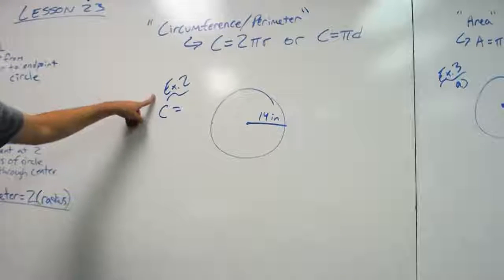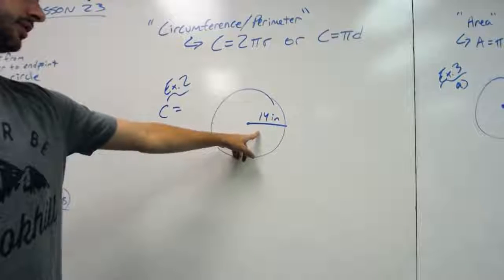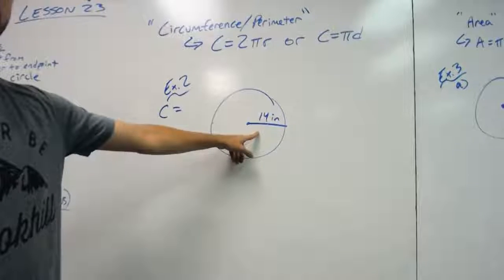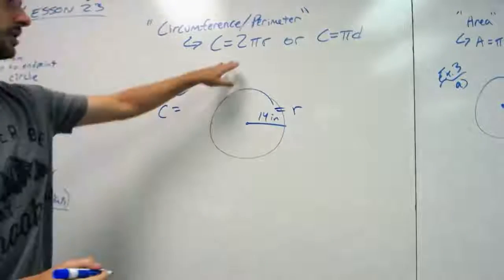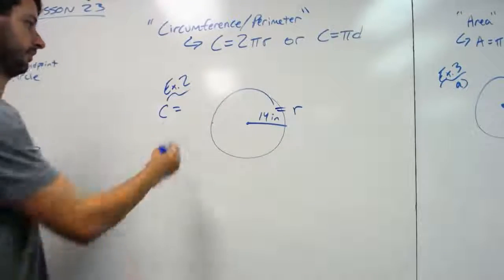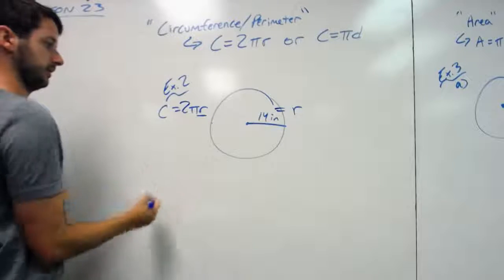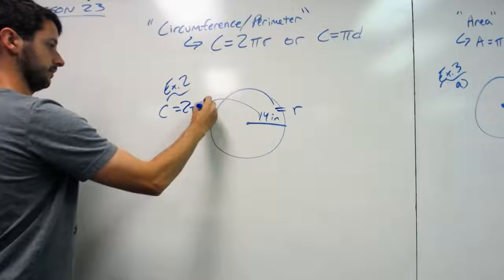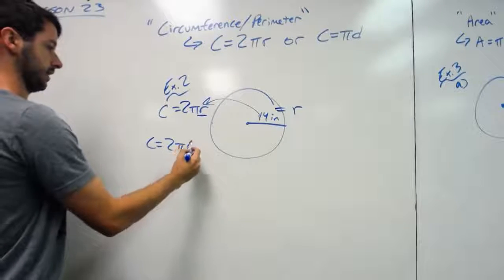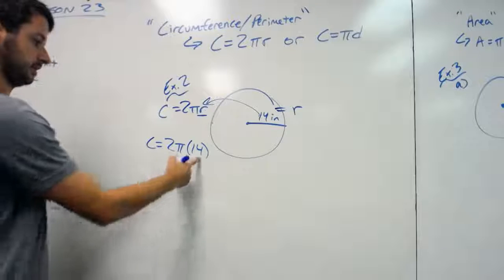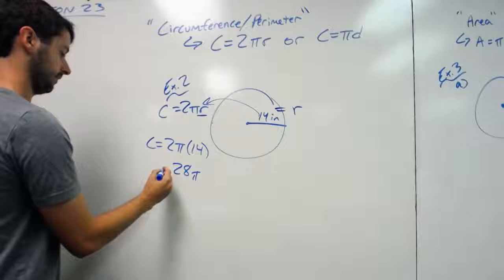In example 2, find the circumference of this circle, and it gives us a radius of 14 inches. That's the only variable we need, radius, so we plug it in. C equals 2 times pi times 14. So 2 times 14 is 28 pi.